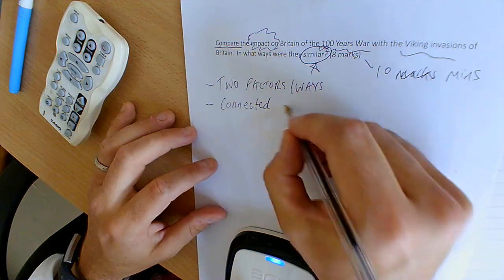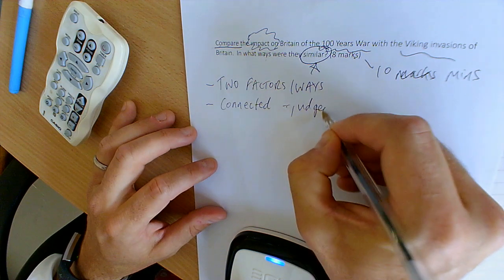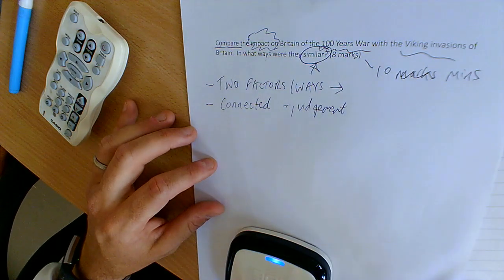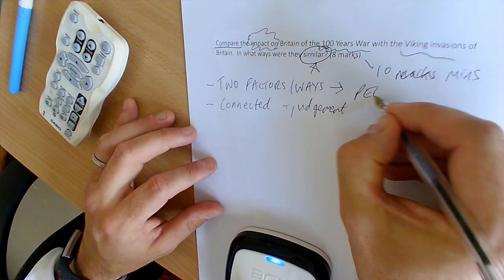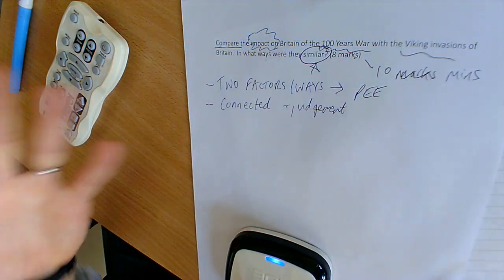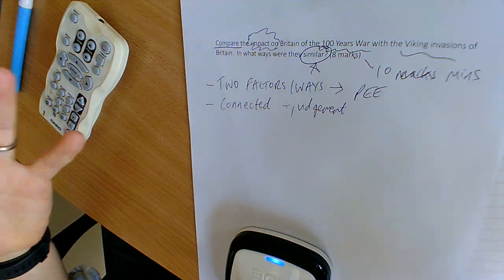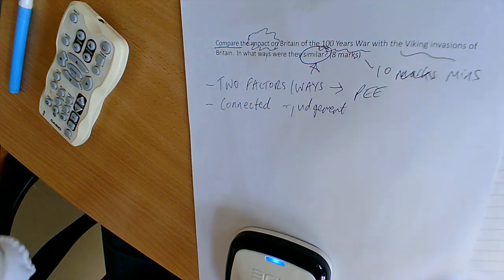But the crucial thing to bear in mind is, can you talk about two factors using our old friend PEE? Okay, so there we go. So effectively we're talking, in an ideal world, a couple of PEE paragraphs and a short judgment, okay?